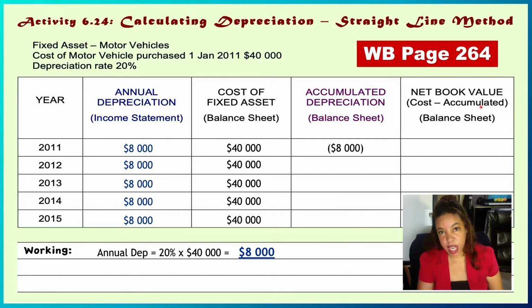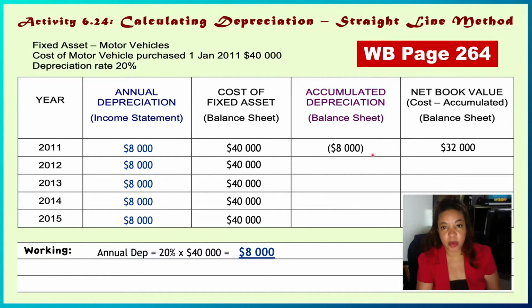Remember, the net book value is the value after it has depreciated for that period of use. So basically, 40,000 minus the 8,000 will give you $32,000. Why do we have it in brackets here?